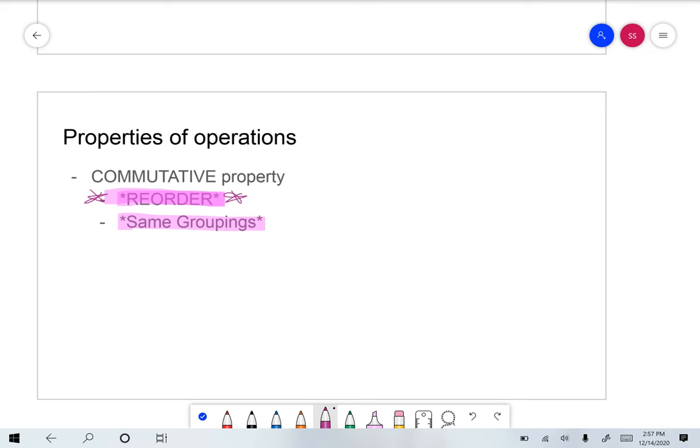So think of the word commutative and that kind of root word there, communicate. Okay, communicate, commutative.